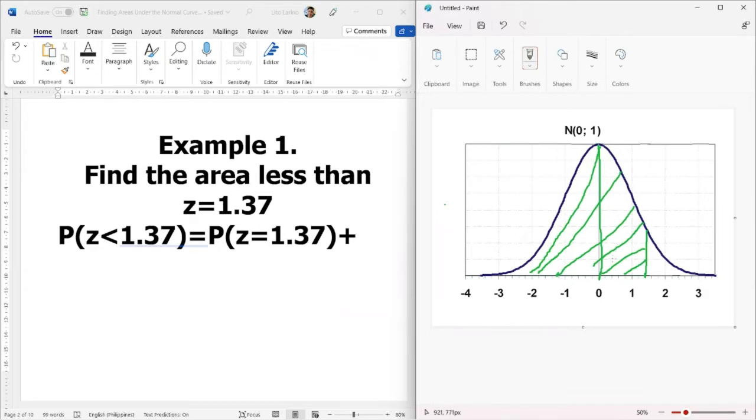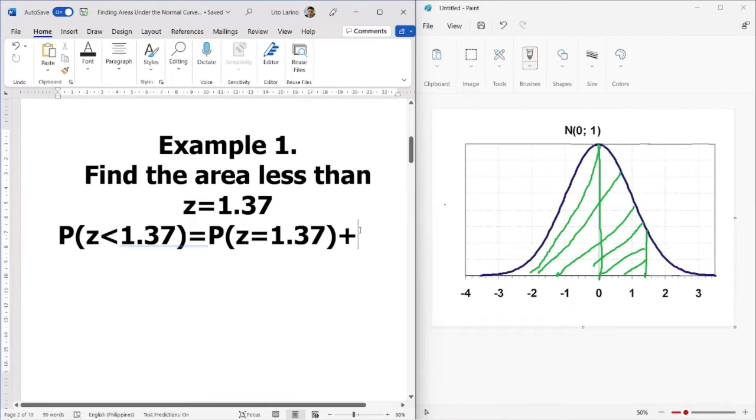If that is the case, we will look for the area of the normal curve when the z-score is 1.37 plus the area which is 0.5000. That is the area of the first half of the normal curve. We have here 0.5000.